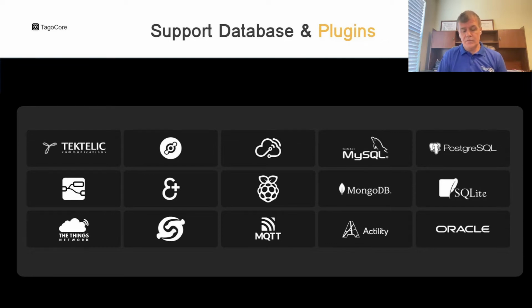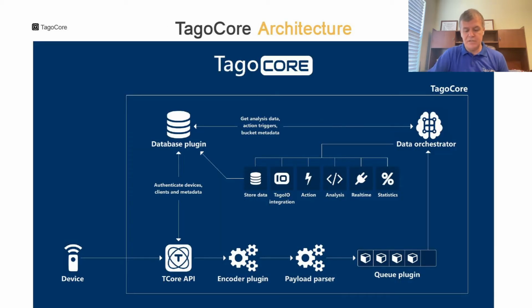Also, we have created plugins for MQTT or LoRaWAN connectors. And what's very interesting, and I'm pretty sure Matt's going to talk about that, is that you can not only get these plugins for database, but also create your own plugin for your complete application if you want.